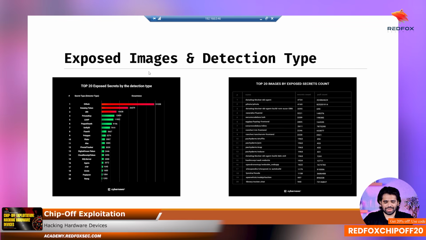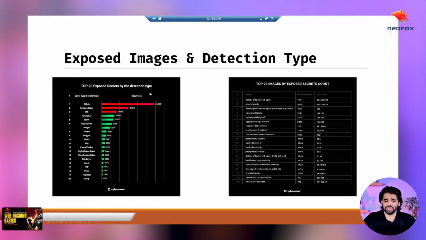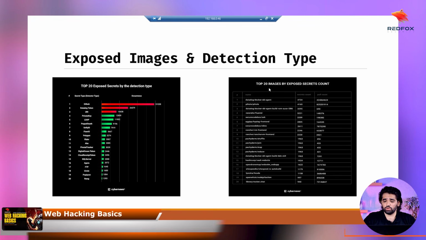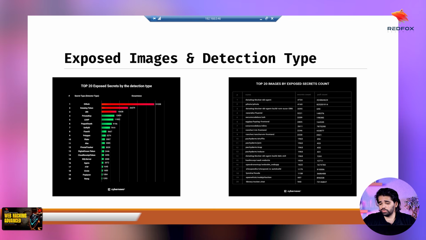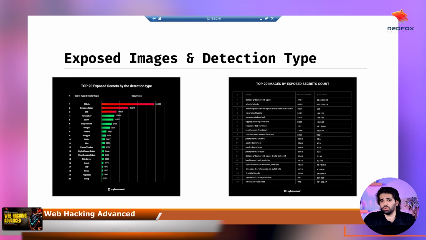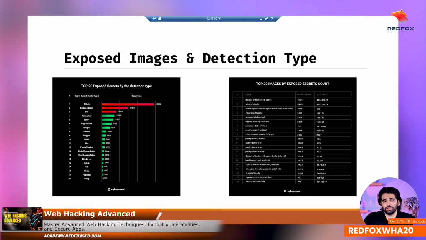Now let's check exposed images and detection type. Here we have the top 20 exposed secrets by detection type, and here we have the top 20 images by exposed secret counts. If you notice, we have the secret count. This secret count includes API keys, credentials and sensitive information. Here we also have the pull count. Pull count is basically the total number of times the Docker image has been downloaded.